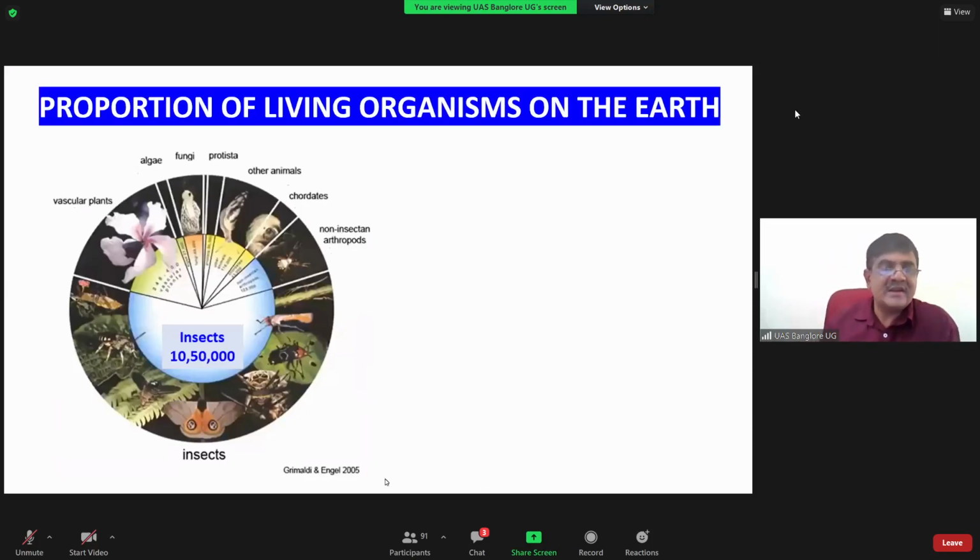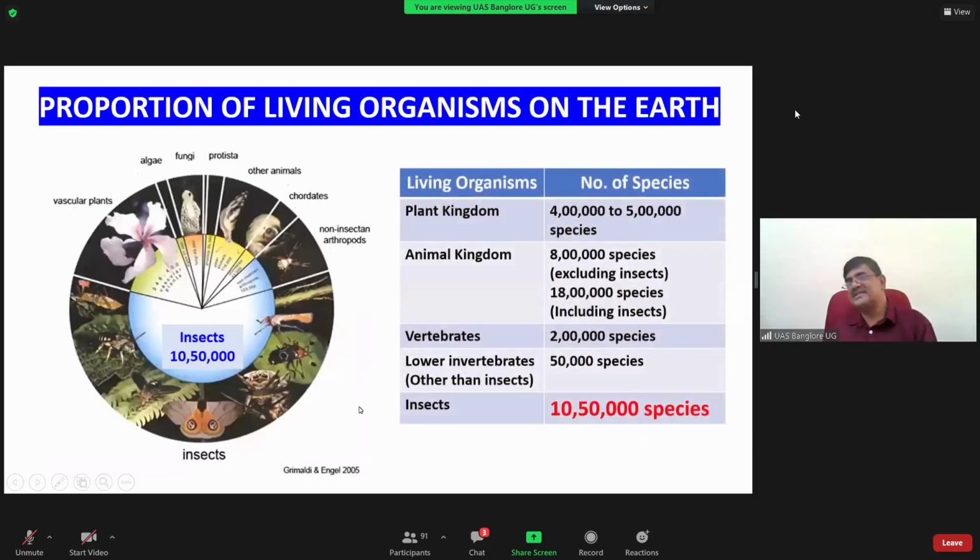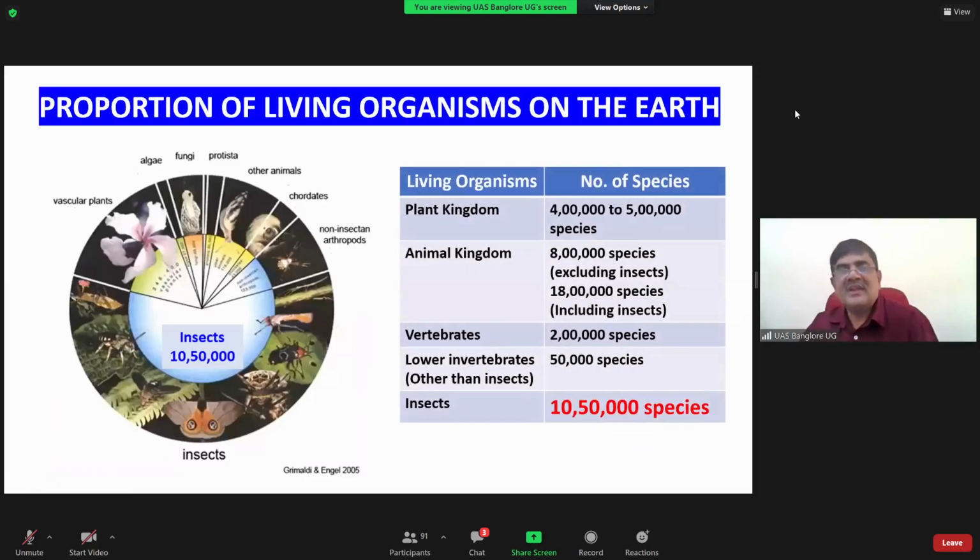As we look here, the insects take the major share. 10 lakh 50,000 insects have been described on the Earth surface. If you look into the table given here, on the left side we have the living organisms, and on the right side I have given the number of described species so far.